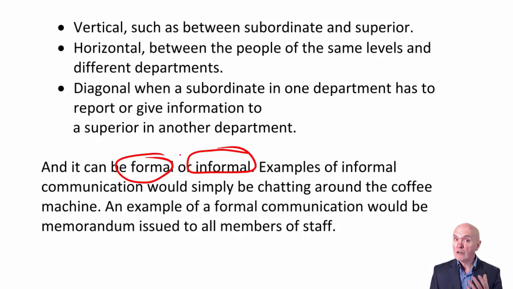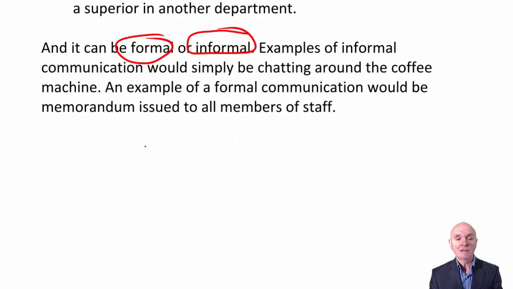It takes longer maybe to write and to edit the formal communication, but maybe it's suitable for a lot of detailed information that people have to take away and absorb, whereas the informal communication tends to be better for short elements of communication where people don't have to absorb quite as much.